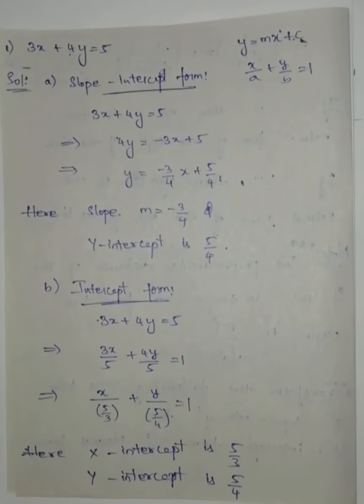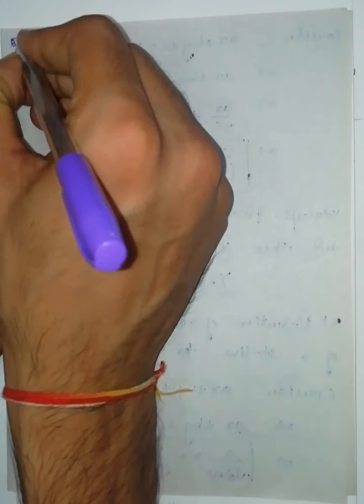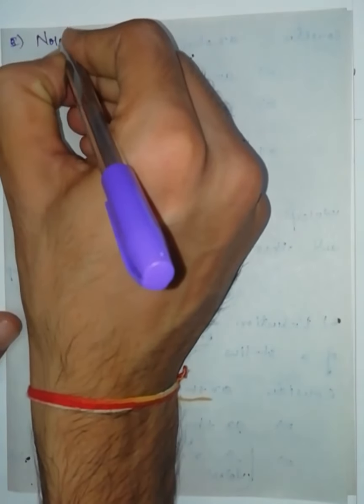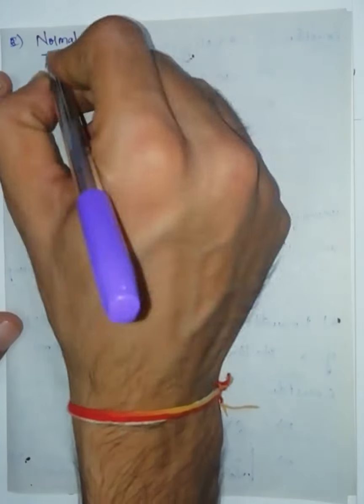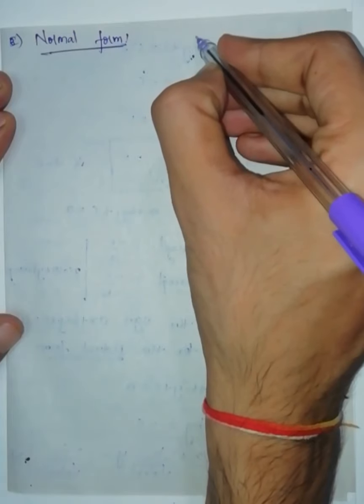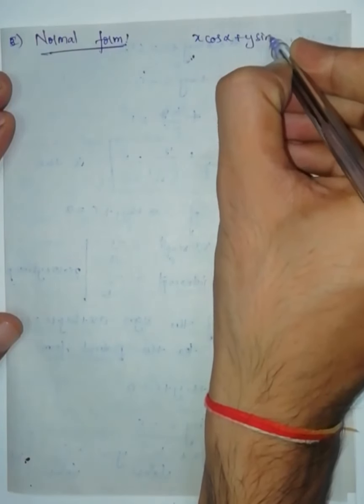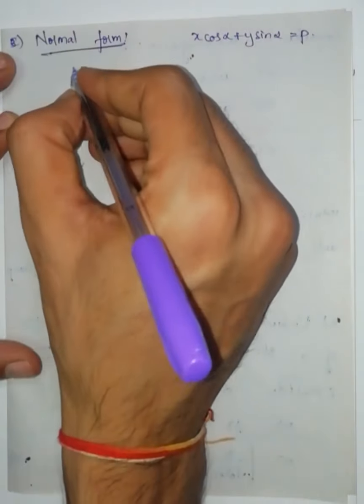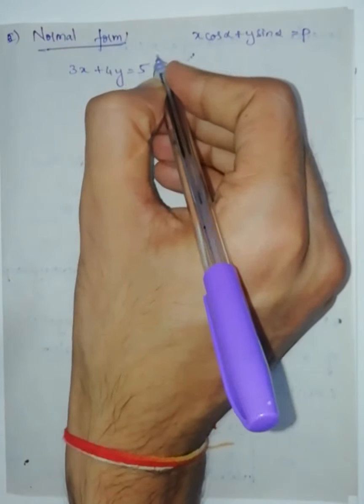Now the third one. I have to make this one in the normal form. Keep in mind the normal form is x cos alpha plus y sin alpha is equal to p. Now the given equation is 3x plus 4y is equal to 5.